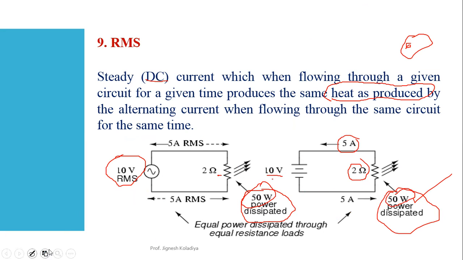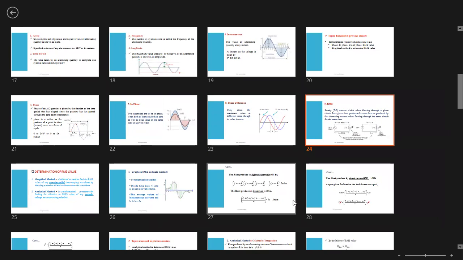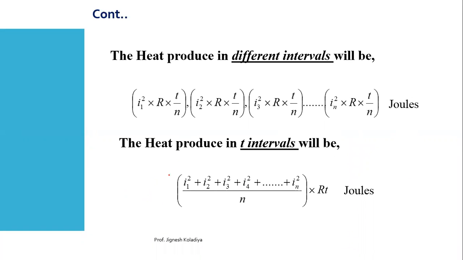So already we have the value of heat generation due to AC. We can write this as H AC. I have to compare this value with HDC. So let us find HDC.